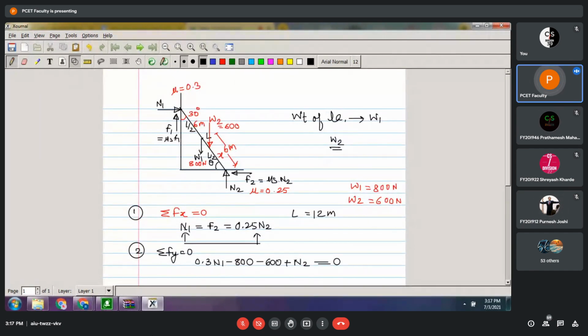Replace any one in this equation, which is suppose your equation number 2, this is equation number 1, and tell me the values of N1 and N2.